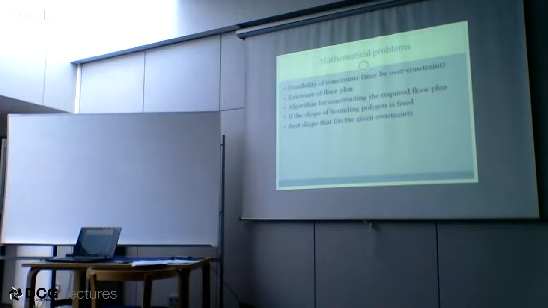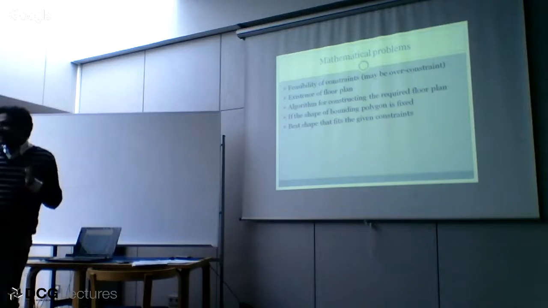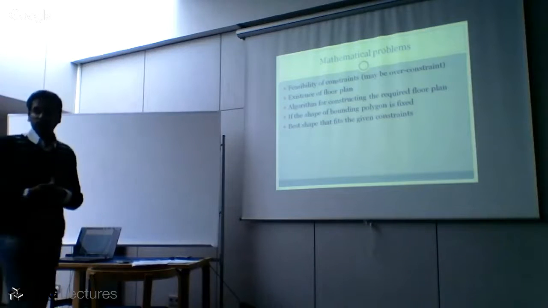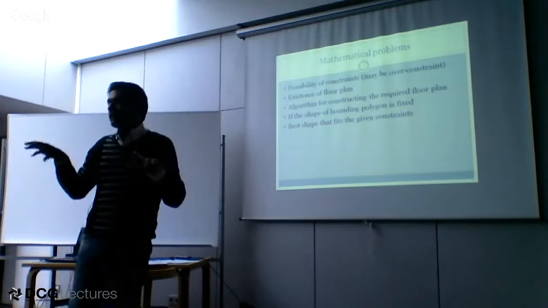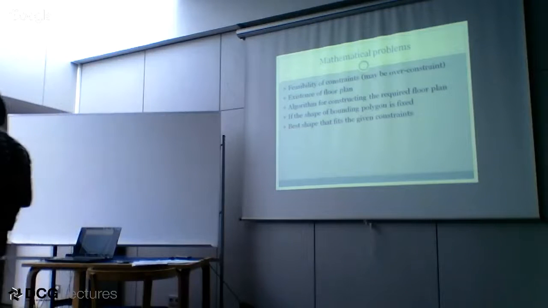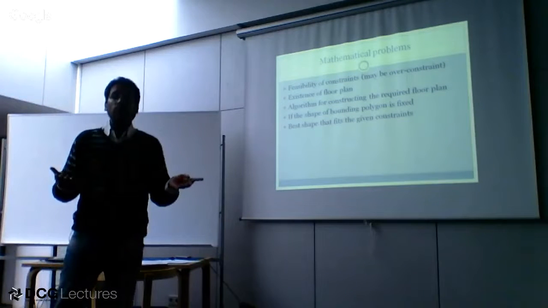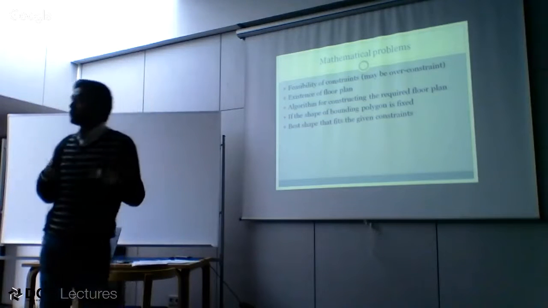So we look for the shape which perfectly, or which best, or which is the optimal solution for the given constraints. And I'm telling a lot of problems related to this, and if the graph is over constrained, then again we may need to propose an algorithm which says that okay, here are the 20 rooms, 45 edges, but if we delete these 3 edges, then the graph won't be over constrained, and then you can have a solution for it.